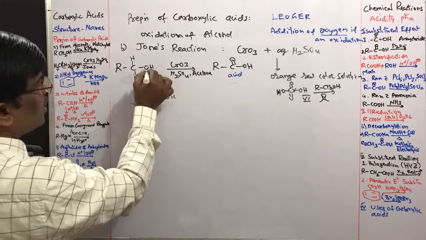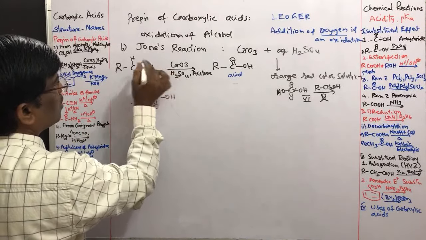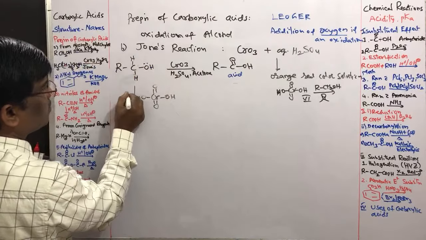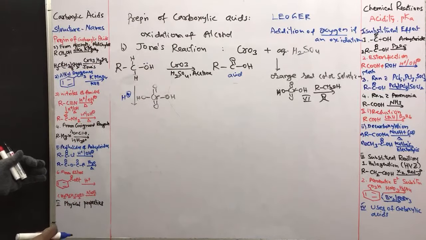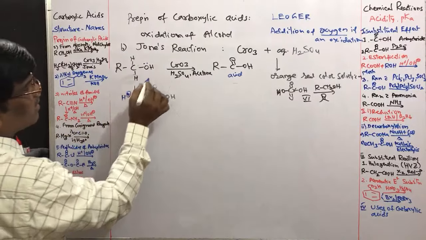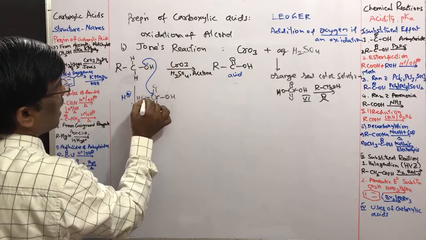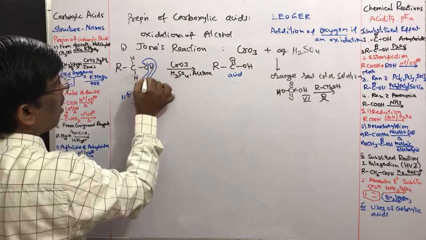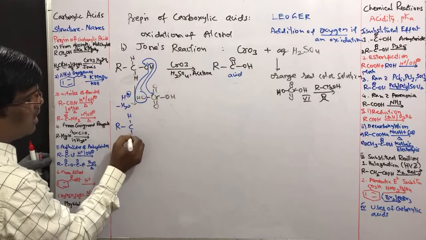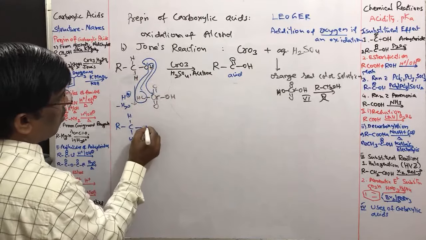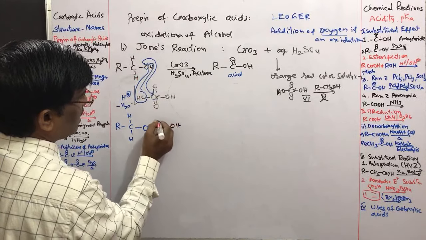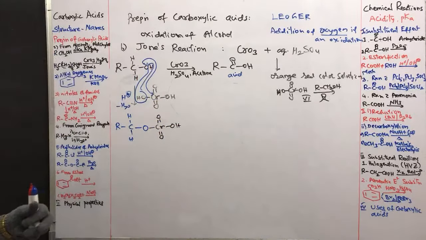Since it is in acidic form, yes, it is going to react with this, and this water is going to be out. Minus water, we are going to get R, hydrogen, and this oxygen, now the chromium complex. OH is here, double bond O, double bond O.